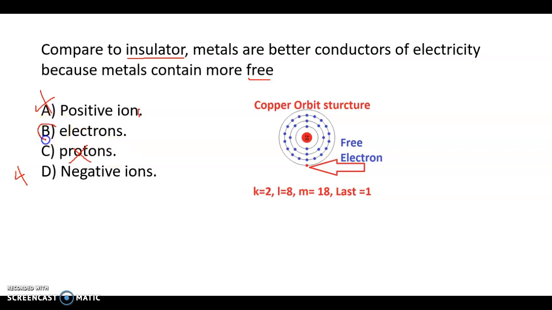It's based on free electrons. In metals, we have more free electrons compared to an insulator. That's why we choose metals to be a charge carrier, like copper, like aluminum, like iron. But we do not choose any insulator at all to be a charge carrier. So it's based on free electrons.